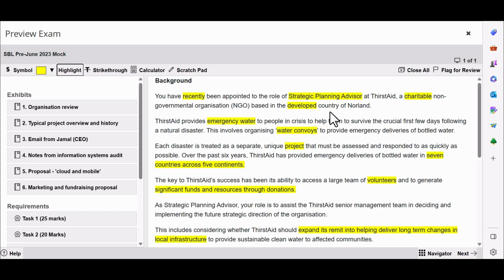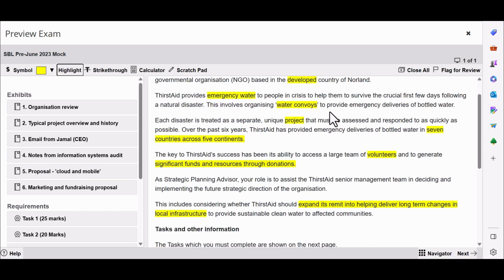And it's in a developed country. That country is called Norland, which means that you have infrastructure available in terms of transportation, communication, and so on, which you can call upon to offer your emergency service. Right, so what do they do? They provide emergency water to people in crisis, and they organize water convoys to deliver those emergency water bottles.